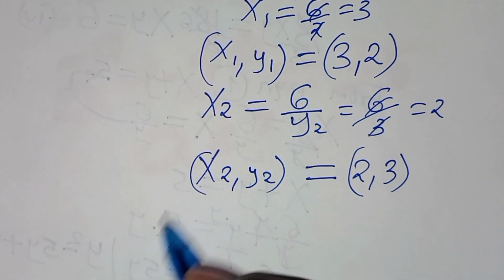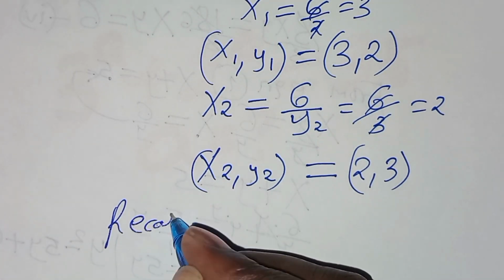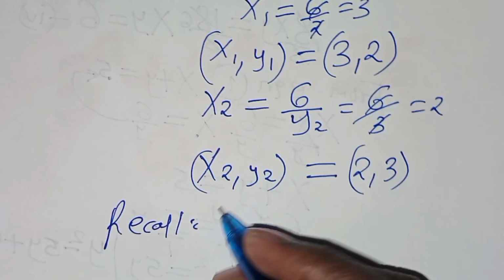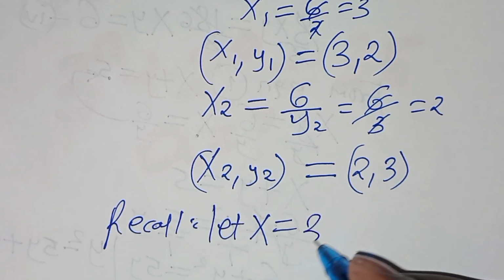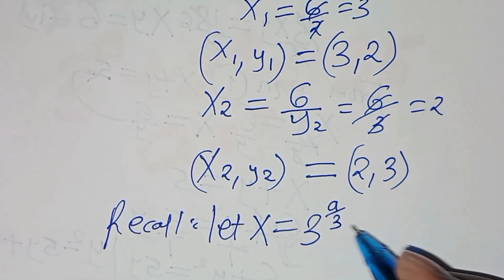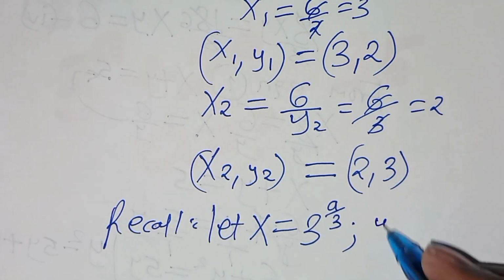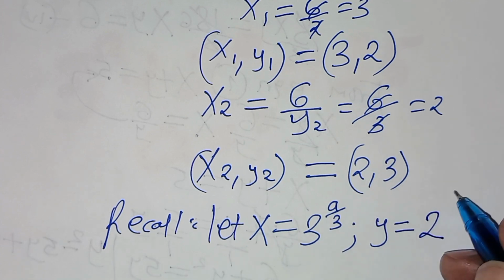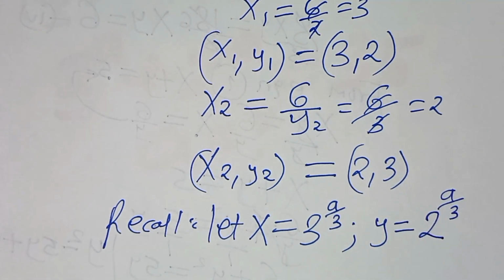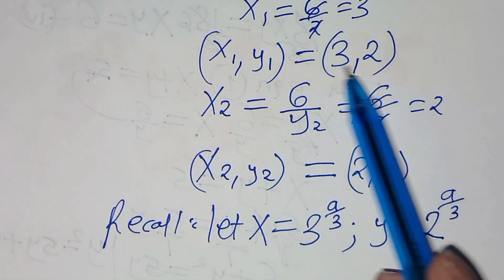Now, from what we have, if you recall here, we assumed that x is equal to 3 to the power a over 3, and y is given as 2 to the power a over 3. So we have two sets of solutions here.